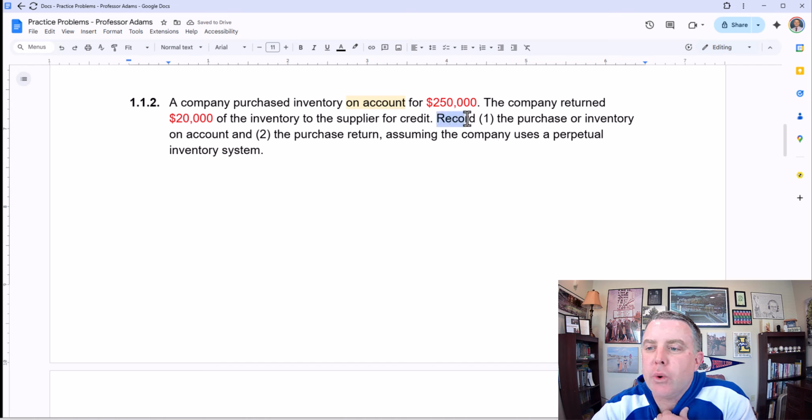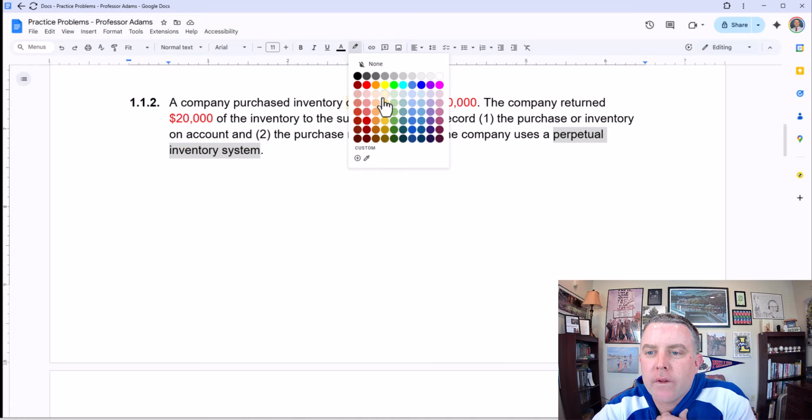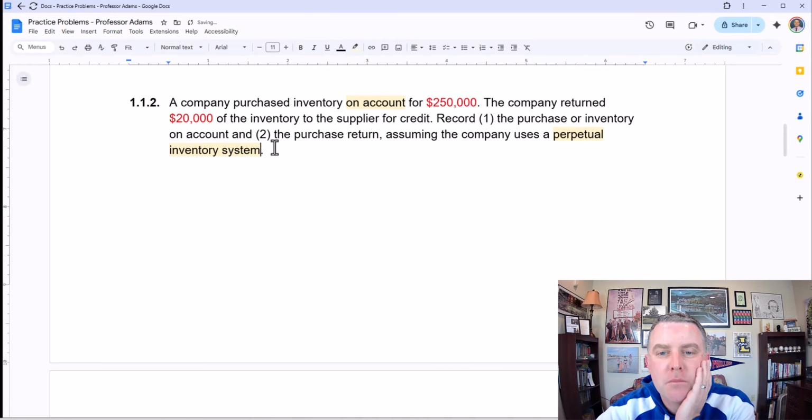The problem says record the purchase of inventory on account and the purchase return, and we're going to assume we use a perpetual inventory system. Perpetual inventory system means that we are recording transactions and updating our inventory as well as our cost of goods sold in real time as the transaction happens, rather than waiting until the end of the period when we count our inventory.